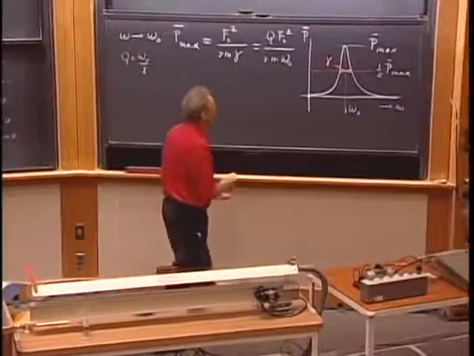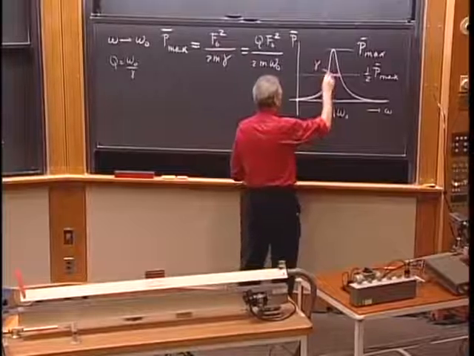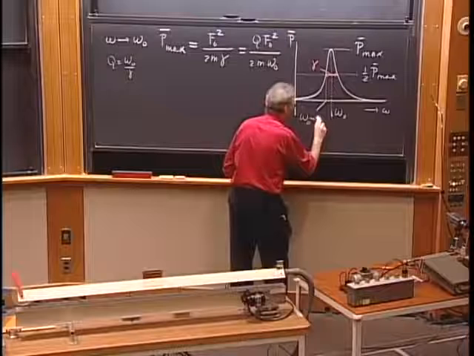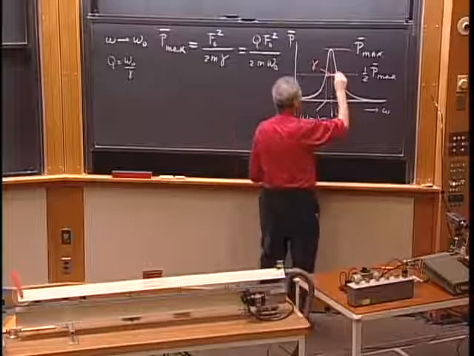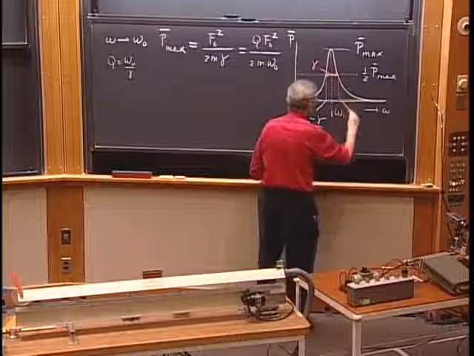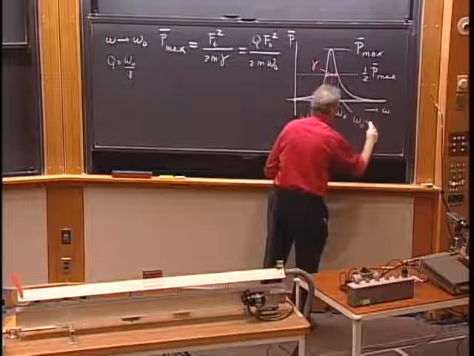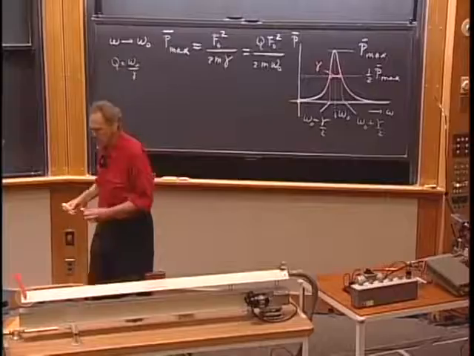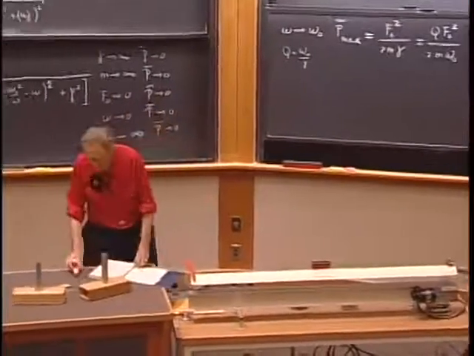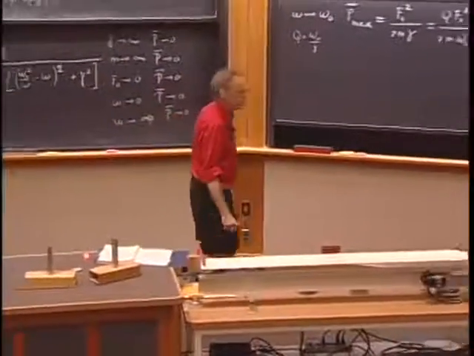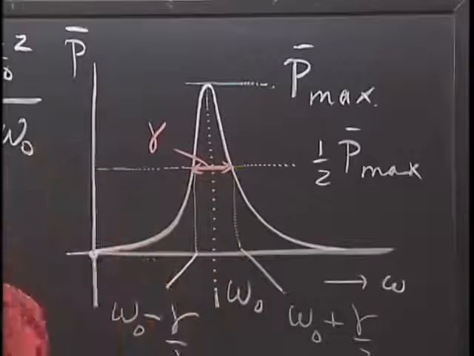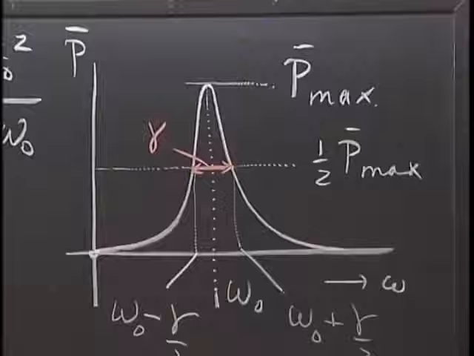In other words, if you go to half maximum, this point here is omega 0 minus gamma over 2, and this point here is omega 0 plus gamma over 2. And so you see immediately, which of course makes sense, that if gamma is very small, the peak gets very narrow. And if gamma is very high, the peak gets very broad.